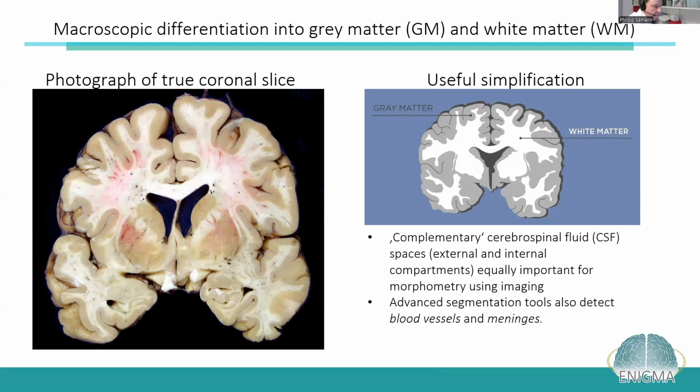It should also be mentioned that the complementary cerebrospinal fluid space, both the outer or external CSF space and the internal CSF spaces, are quite important for morphometric techniques, particularly computational morphometry, because it also gives a sharp contrast to white matter and gray matter. There are also advanced tools that can segmentate out more than these 2 or 3 compartments, for example, blood vessels and meninges.